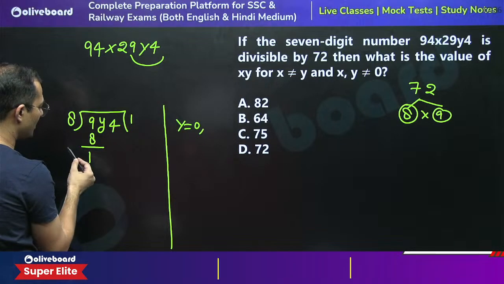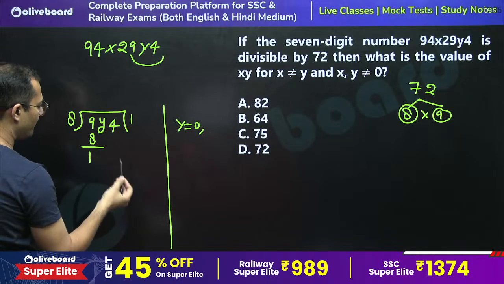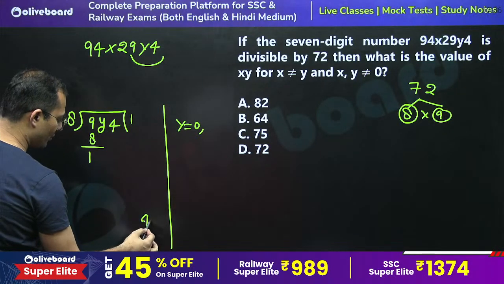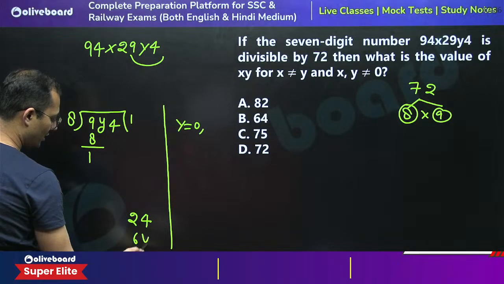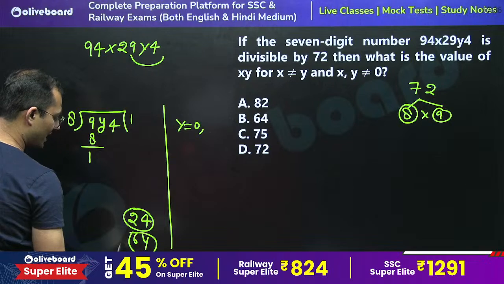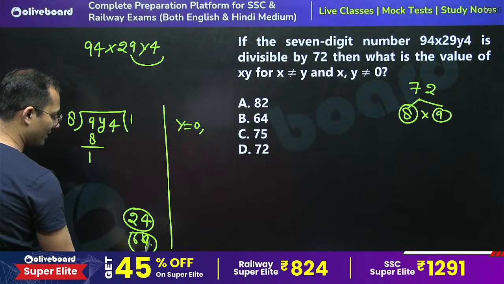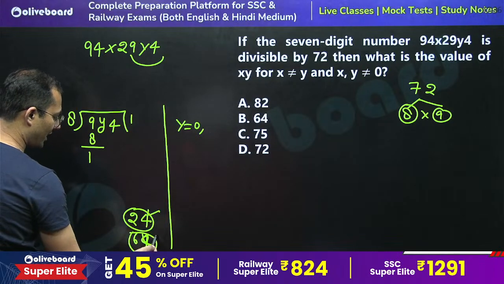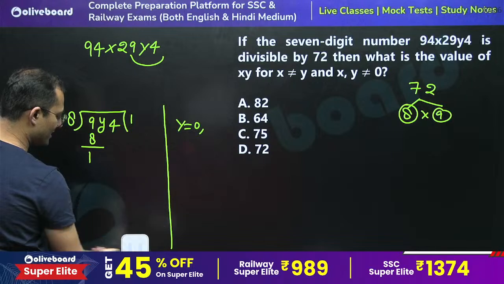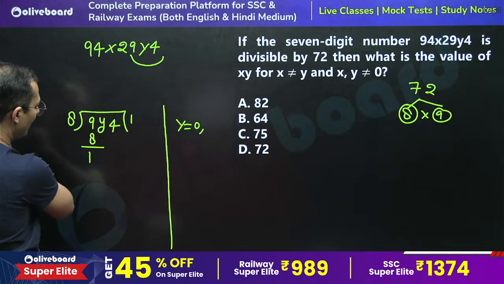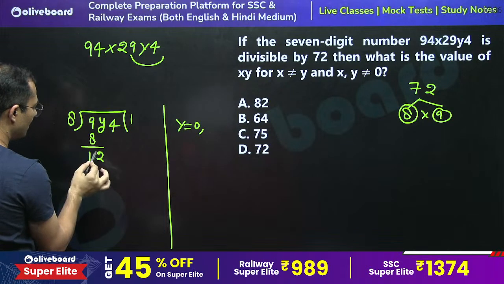If I take y is equal to 2, again not possible, because for the divisibility rule, 24 is divisible by 8, and 64. Only two numbers which are divisible by 8 and have 4 at the unit digit are 24 and 64, right? So if I place 2, not possible.